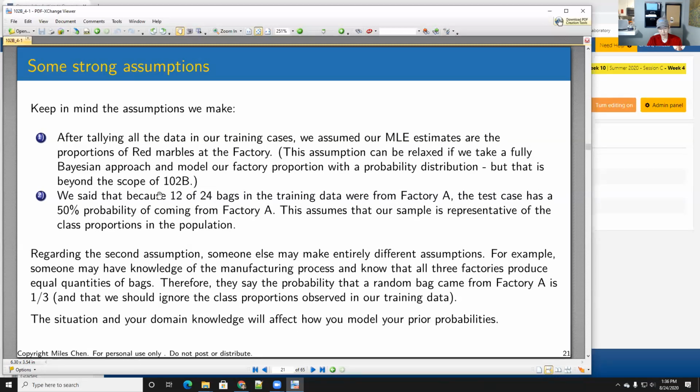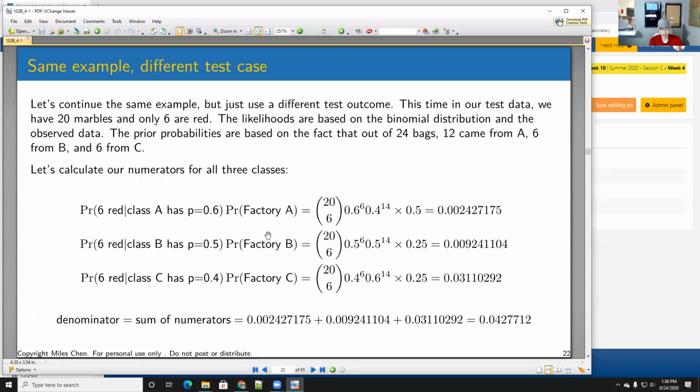Okay, so we said factory A has a probability of 50% because in our training data, 12 out of the 24 bags came from factory A. But maybe you know something about the process, and then you can incorporate that. Okay. So here's another example.